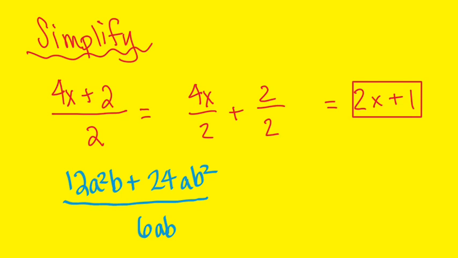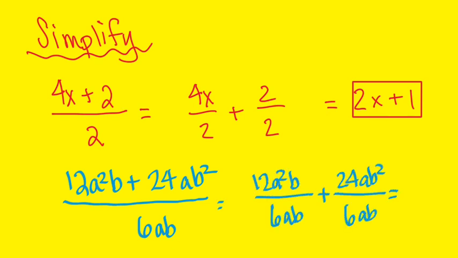Let's try this one, a little bit more complicated. So remember, I need to see them as separate fractions, because whatever I do with the 6ab, I have to do to every term in the family. When we distribute, we multiply it to everything, but here we're dividing to everybody in the family upstairs, right? So I need to see them as separate. So 12 divided by 6 is going to be 2, and then I use my exponent rules.